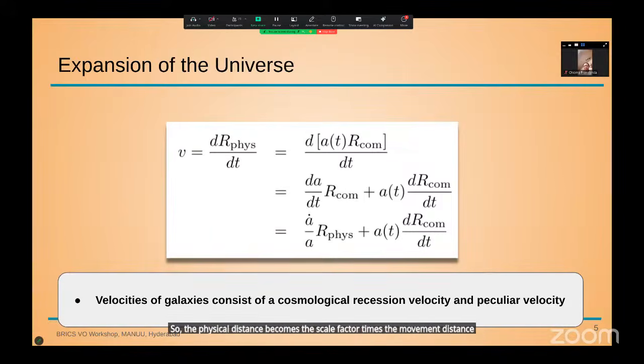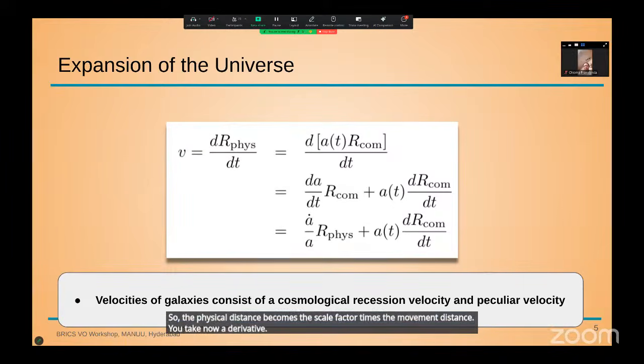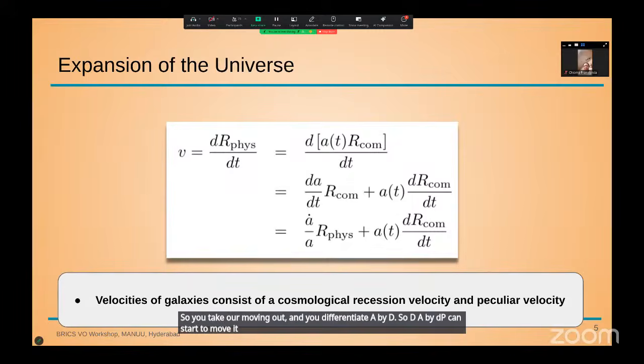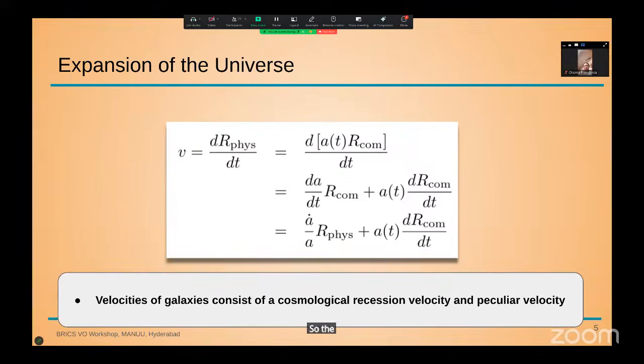You take now a derivative, and you can apply the chain rule. Everyone familiar with the chain rule? So you take r moving out and differentiate a by dt: dA by dt times r moving, plus a of t times the derivative of r moving by t. So the physical velocity that you will measure is a combination of these two terms.